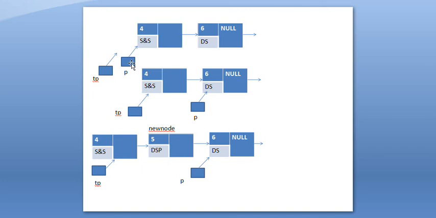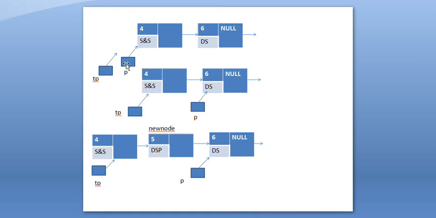To change the position of P, we can see that the first node's link is connected to the second node. So where the next of the first node is connected, there you make P point. We get that field access using P of next. P of next is this link.